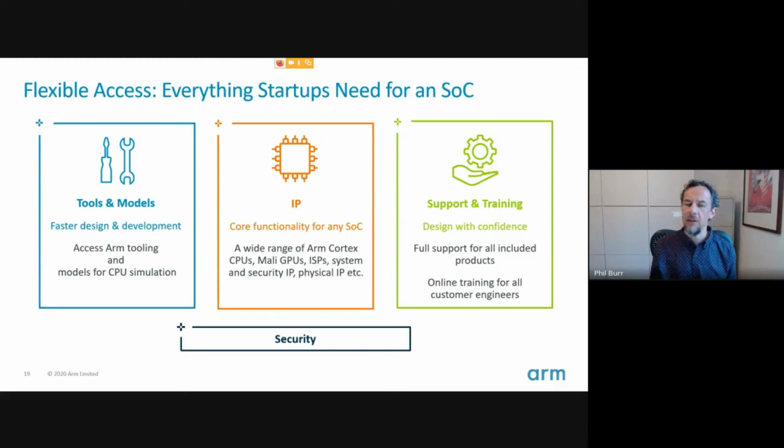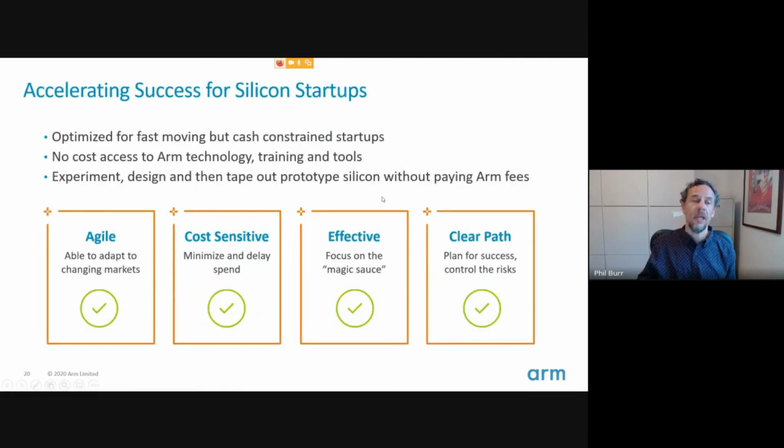And I mentioned that all of this was built on a foundation of security and safety. And again, that's really important for us, particularly in security and IoT. And we do an awful lot to make sure that it's as easy as possible to develop security on our technology.